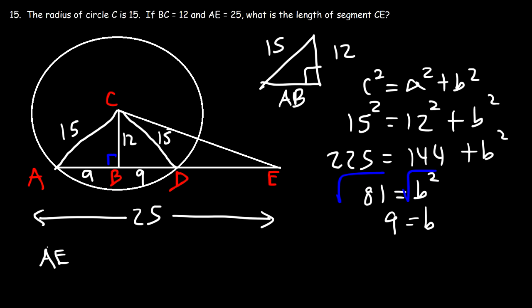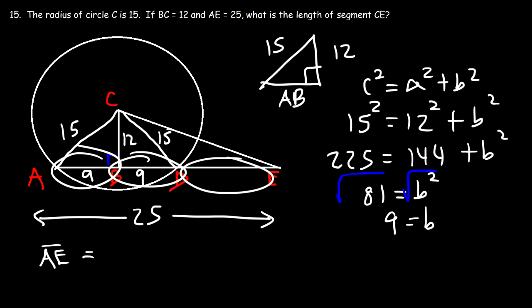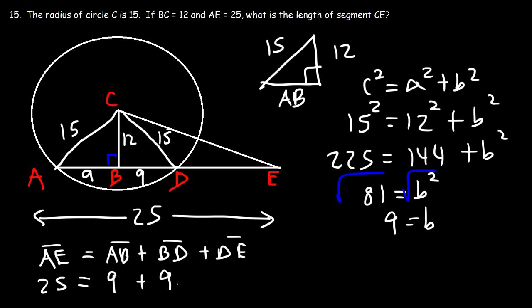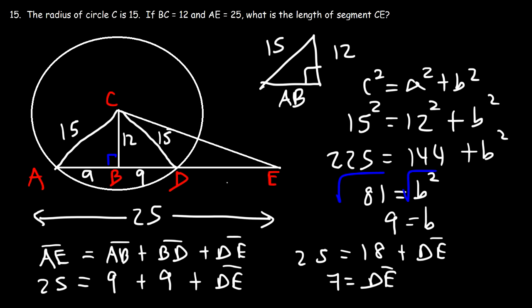AE is the sum of AB, BD, and DE. So AE is 25, AB is 9, BD is 9, and so let's calculate DE. 9 plus 9 is 18, and 25 minus 18 is 7, so DE is equal to 7.